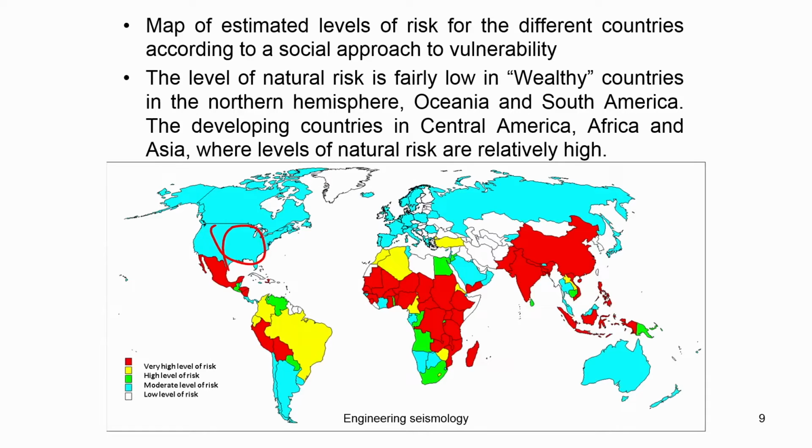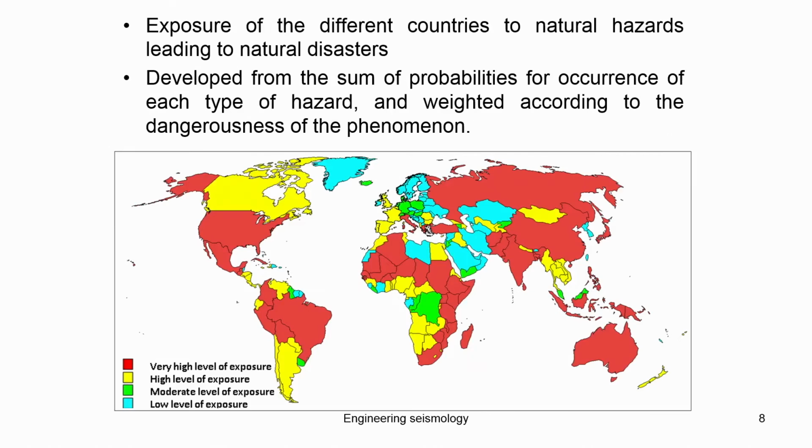One of them is improper knowledge, improper preparedness, improper construction practice, improper code of practice, and high population density. These are some of the issues which make even a high level of exposure a high level of risk, whereas in the western, developed countries there is a high level of exposure but only a moderate to low level of risk.